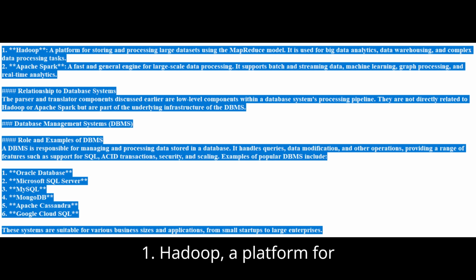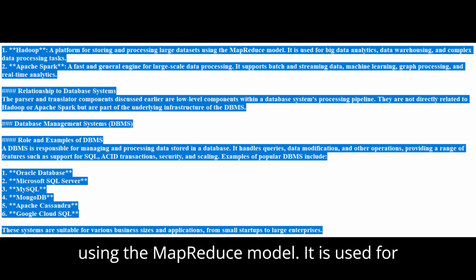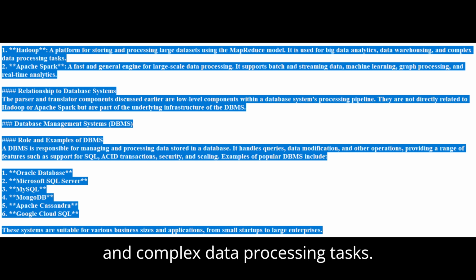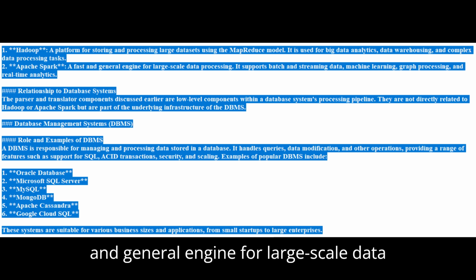1. Hadoop, a platform for storing and processing large datasets using the MapReduce model. It is used for big data analytics, data warehousing, and complex data processing tasks. 2. Apache Spark, a fast and general engine for large-scale data processing.